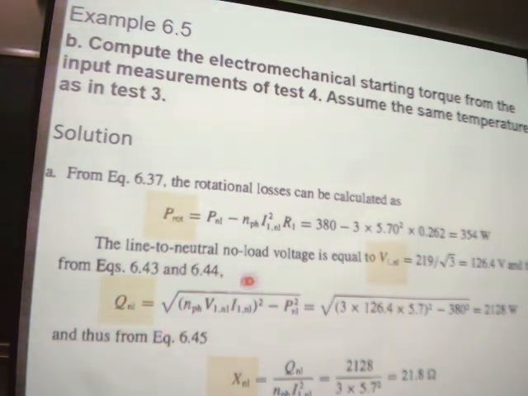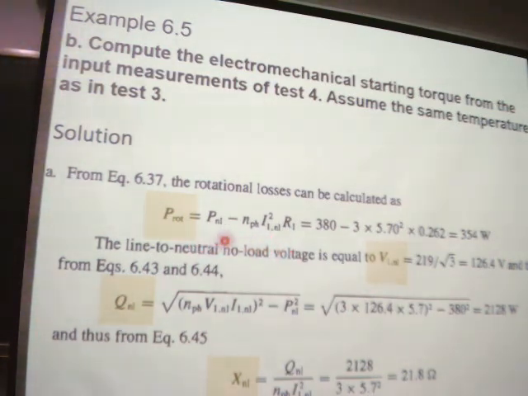We should notice these four places with yellow background. First is the rotational loss. Just use this equation: the no load power minus the stator losses.